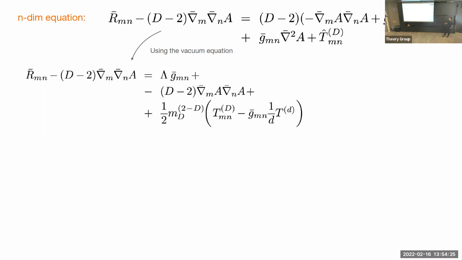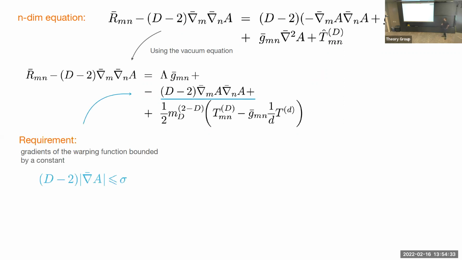The second term has a definite sign: it is minus a square. And the third one, let's give it a name, this is the warp function. If there are no singularities, this function will be bounded in a compact space, and its gradient will be bounded as well. So let's define this bound as a constant sigma.